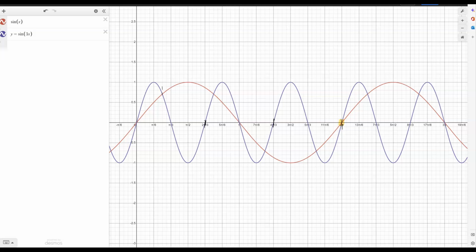Again, we also talked about how this means there would be one cycle occurring at 2 pi over your b, in this case being 3. So this is one sine wave.